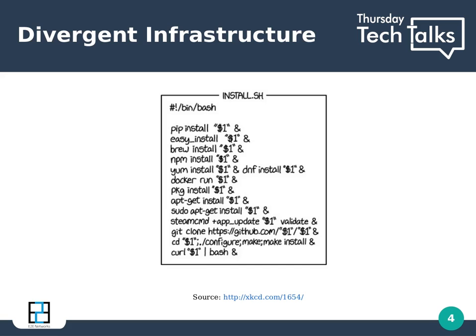In the beginning days, we had system administrators who used to do things manually on each and every server. They used to write scripts to automate things, but it was all manual driven for most of the work. So the infrastructure that was there was called divergent infrastructure.